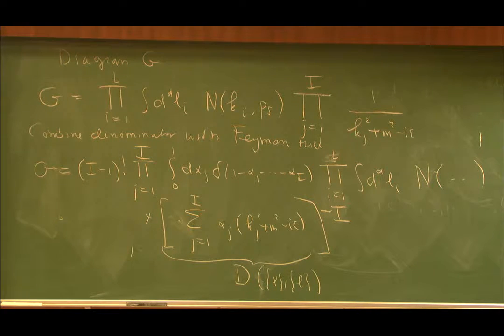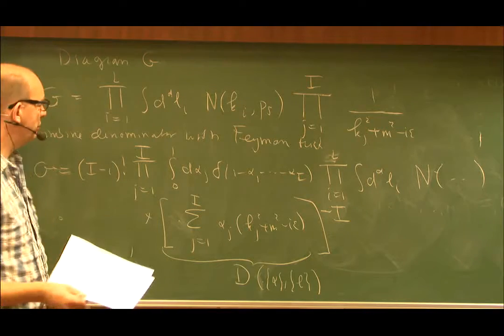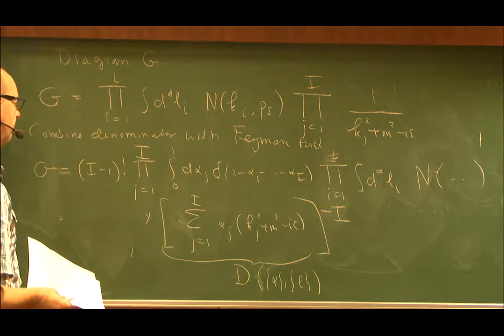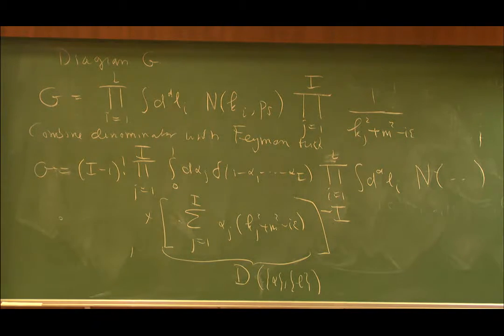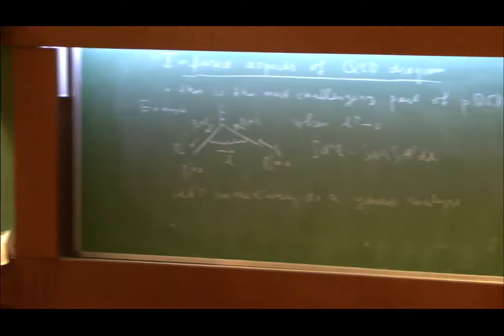So you may ask, how can I ever draw some interesting conclusions out of such a general case? Well, let's try. So far I have a very general setup, and the question I want to ask is: when is G infrared divergent?